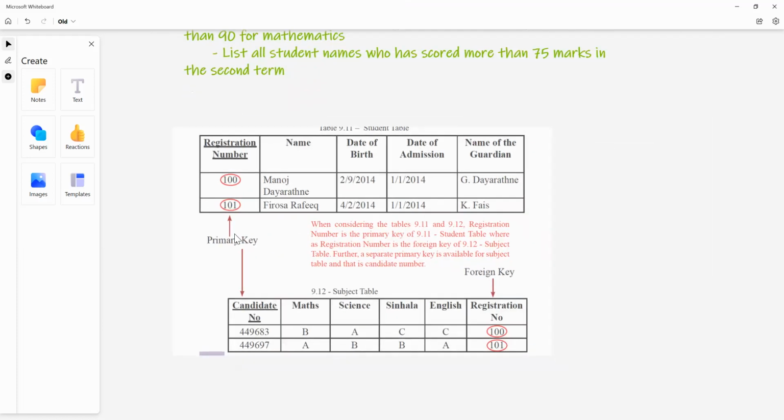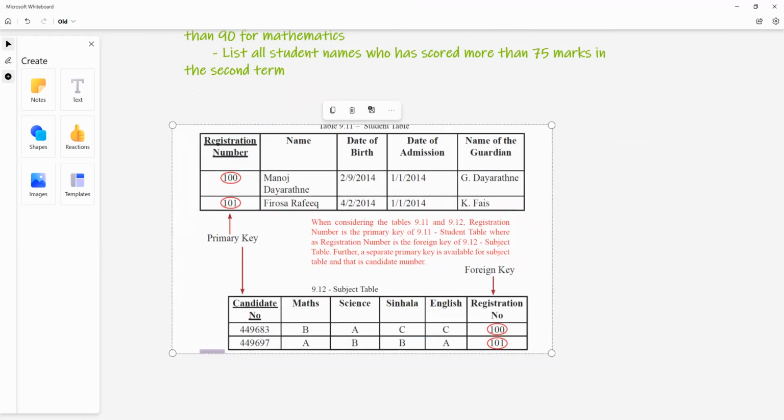So here is the data, right? Table 9.11. Yes, we have two tables. The first one, 9.11, is a student table. 9.12 is a subject table. Imashi, can you tell me what is the primary key in table 9.11?